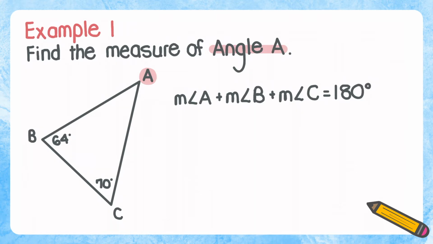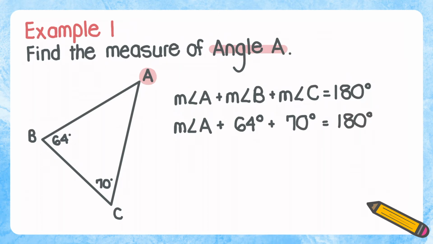We're not sure what the measure of angle A is, and that's what we're going to solve for. But we know the measure of angle B is 64 degrees, and the measure of angle C is 70 degrees.